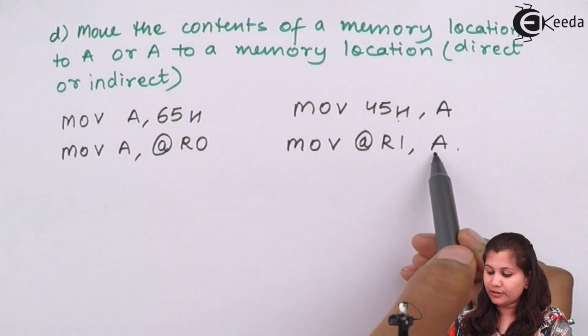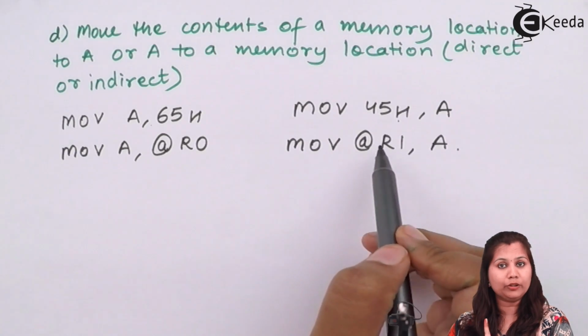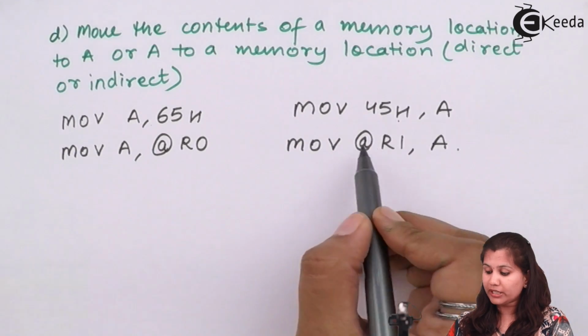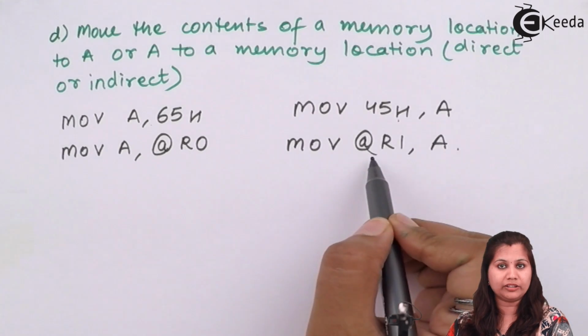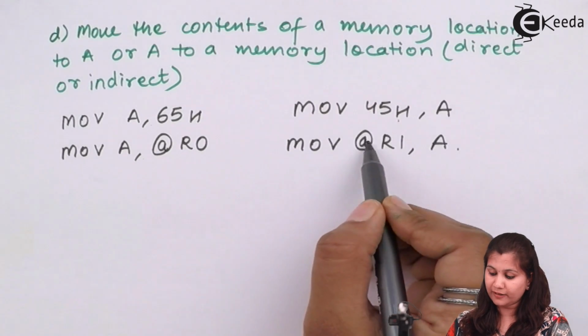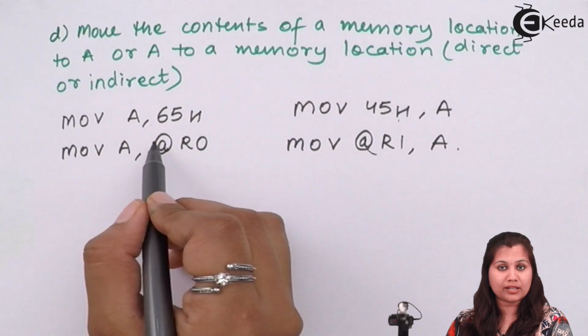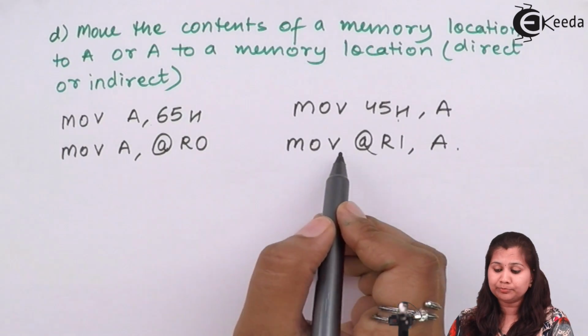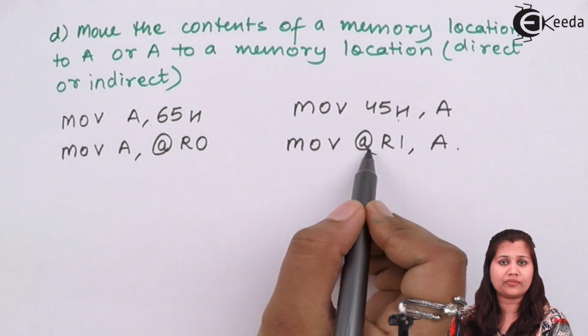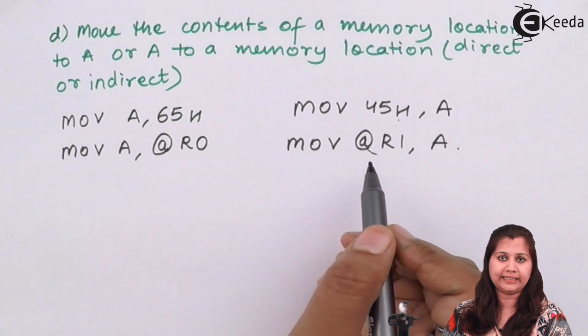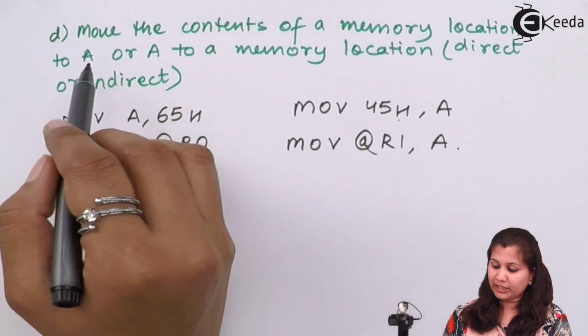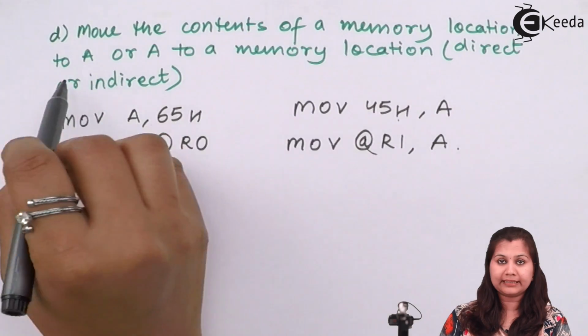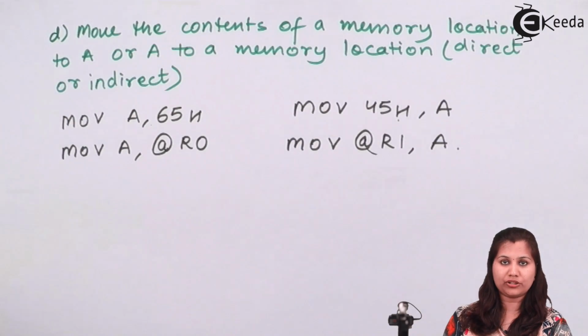Also here, contents of accumulator are copied into the memory location whose address is stored in the R1 register. Because here we have this at sign. So this sign is used wherever we are using the indirect type of addressing. So we can have both direct and indirect in this type of move instruction.